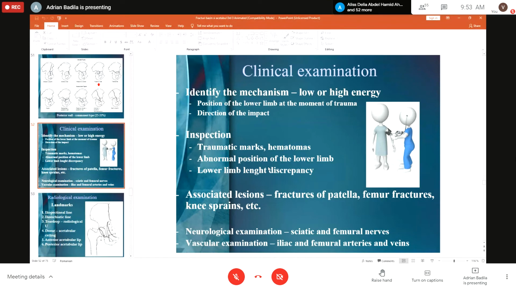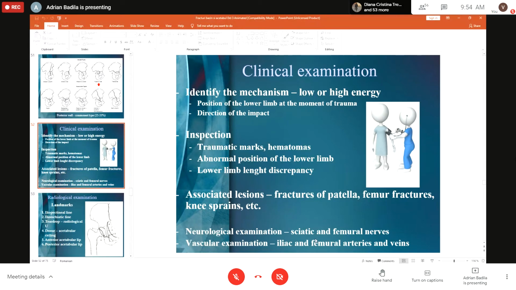Abnormal position of the lower limb, which can be ascended and shortened with lower limb length discrepancy. And we can detect also associated lesions like fractures of the patella, fractures of the femur, knee sprains, and so on. Because if we have a high trauma impact, that means that not only the acetabulum will be traumatized, but also other structures.